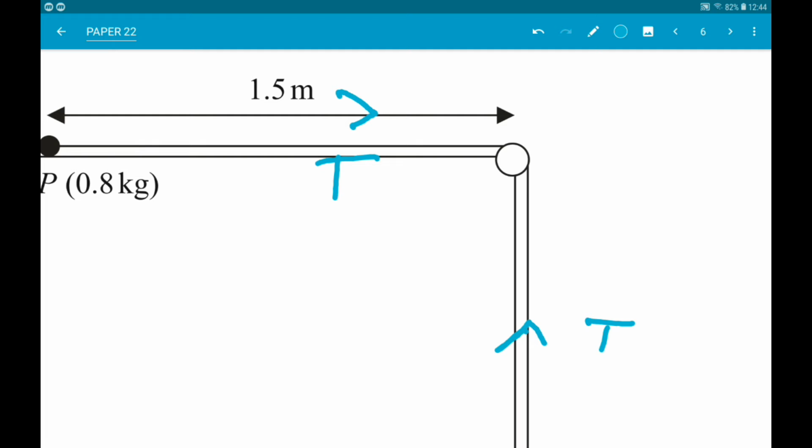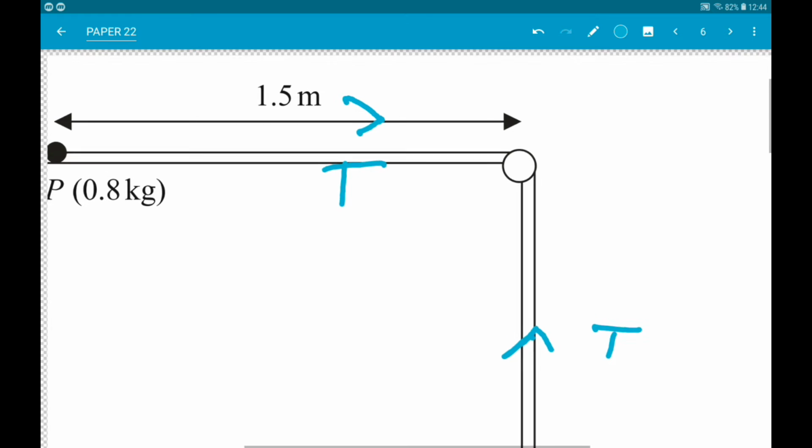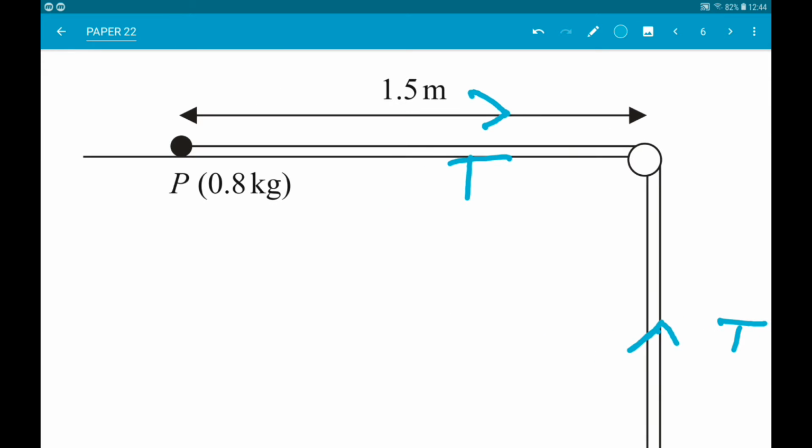Now, at P, we know there are no resistant forces because the table is smooth and the ball is modelled as a particle. So, in fact, the only horizontal force acting on P is tension.